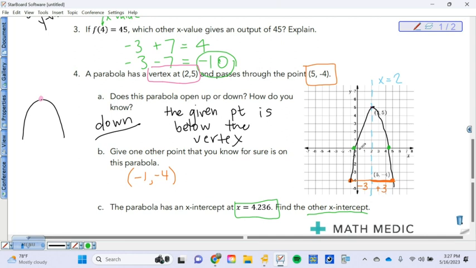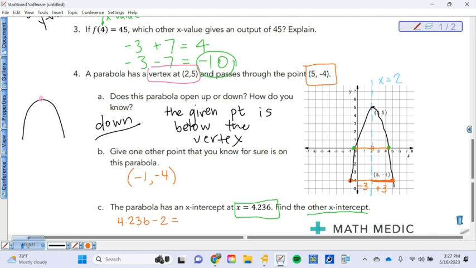How'd you get there? Why do you say that? Yeah, it's that same idea, right? The axis of symmetry is halfway between my x-intercepts. This x-intercept is equidistant from the axis of symmetry to this one. So what's the difference between 4.236 and 2?